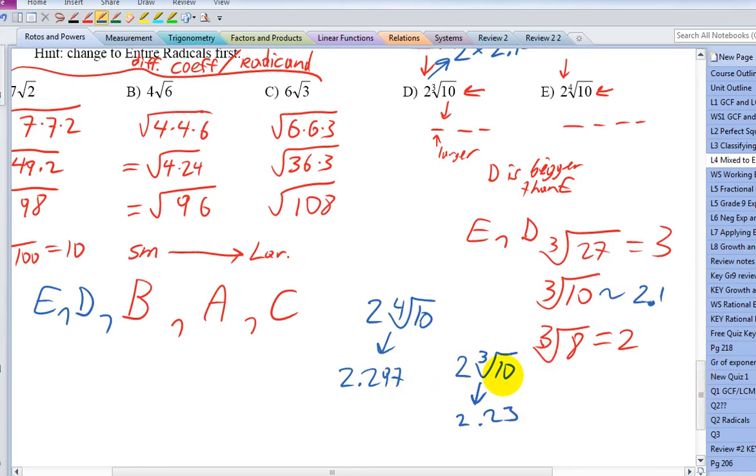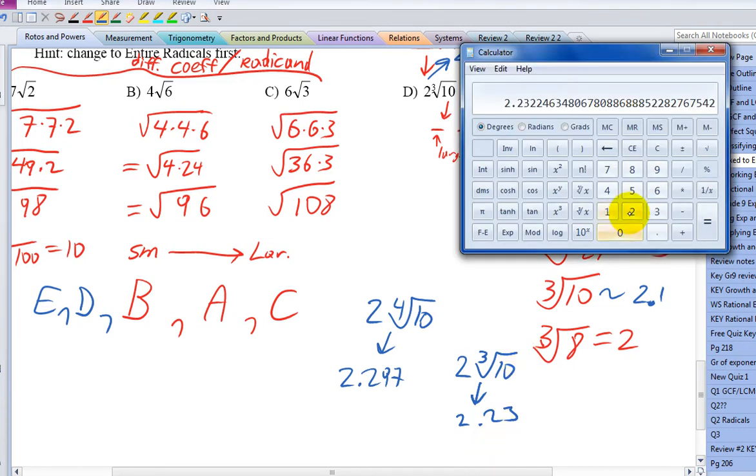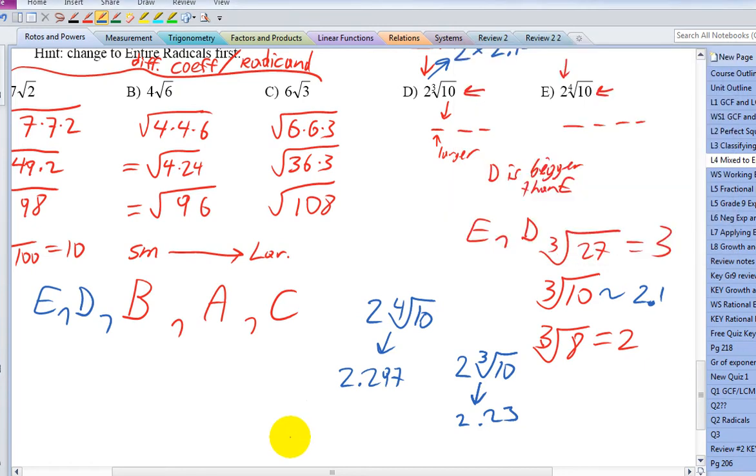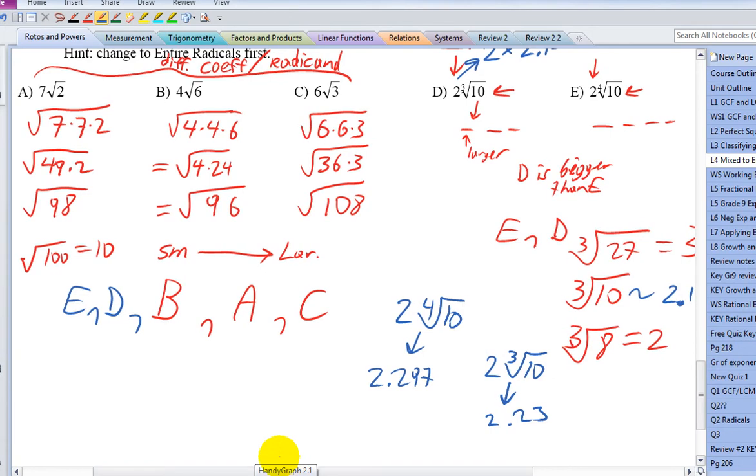Stand by one. E is bigger than D. Okay, so estimation is a little bit different than with the calculator.